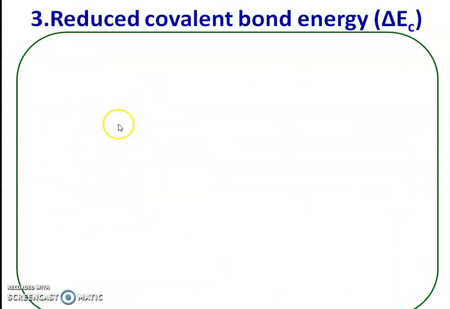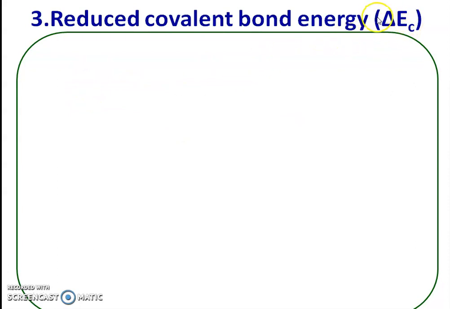Now the next important effect of the difference in electronegativity of the combining atoms of a heteronuclear diatomic molecule is the reduced covalent bond energy in heteronuclear diatomic molecules. So the next point is reduced covalent bond energy.